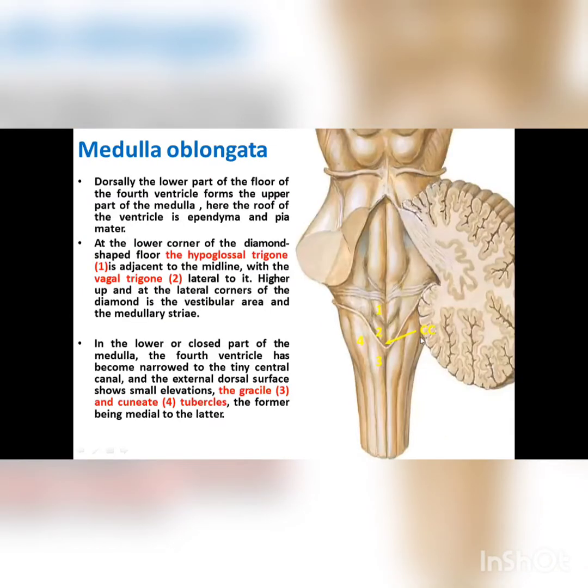So we have seen here the lower part of the floor of the fourth ventricle, which has the hypoglossal triangle. This is the hypoglossal triangle, number 2 is the vagal triangle, number 3 the gracile, and number 4 the cuneate tubercles.